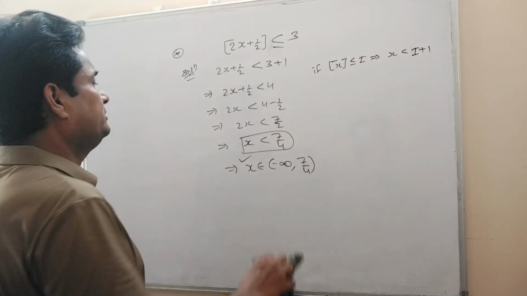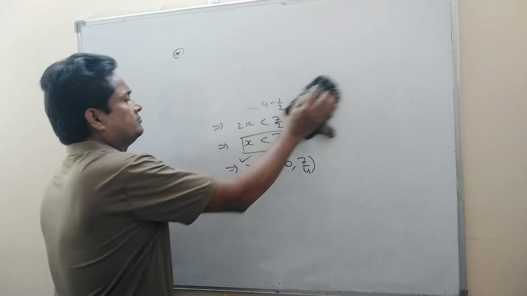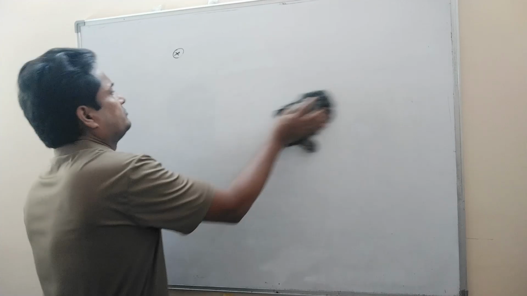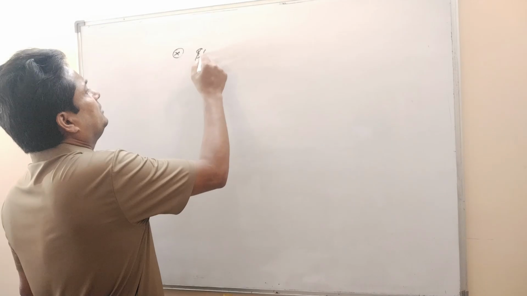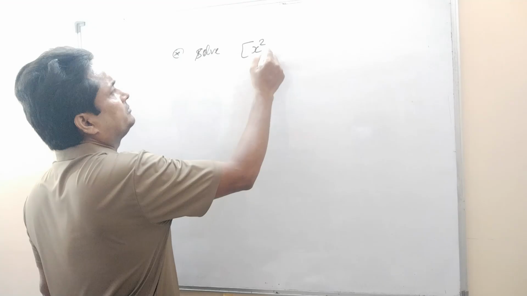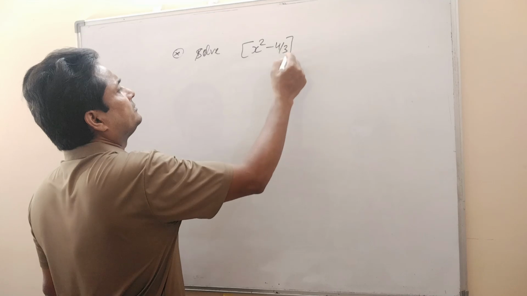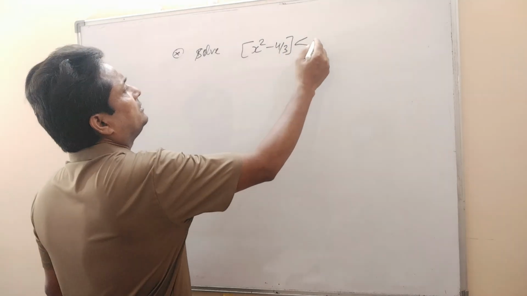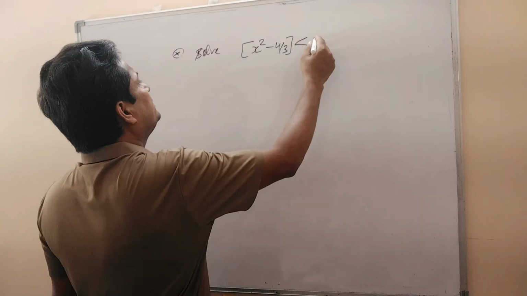Now next one is, solve this one. Solve greatest integer of x square minus 4 by 3 is less than 3.